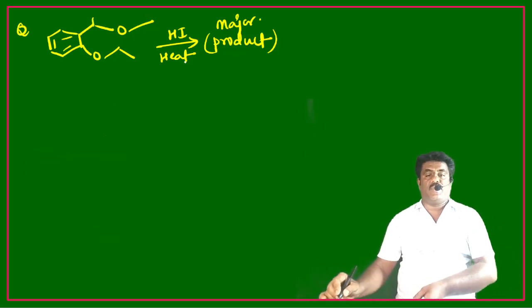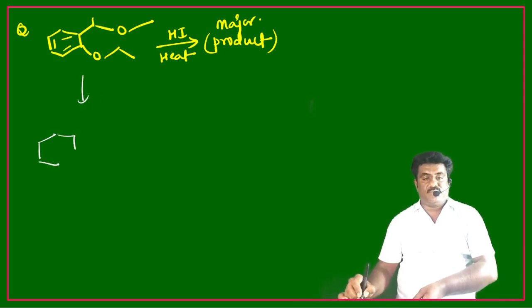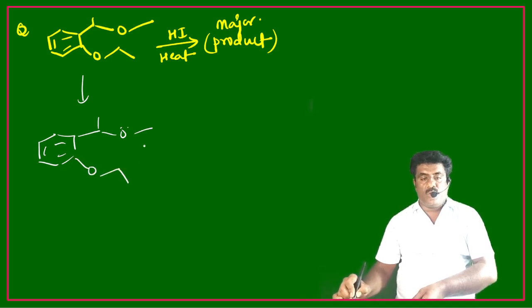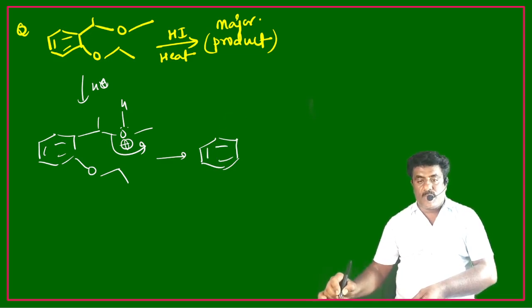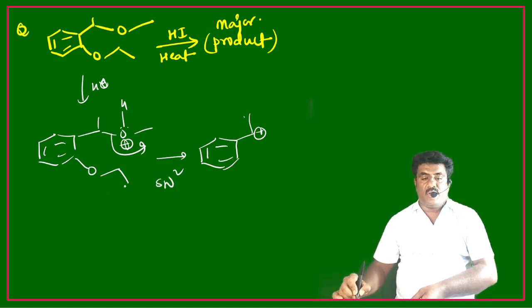I will look at this one. Hydrogen iodide, heating. What is the product? What happened here? O, H+ attacks. It is H+. What happened? It is eliminated in the form of H2O. H2O is eliminated. It formed a carbocation. So here also what happened? SN2 will happen. Yes.